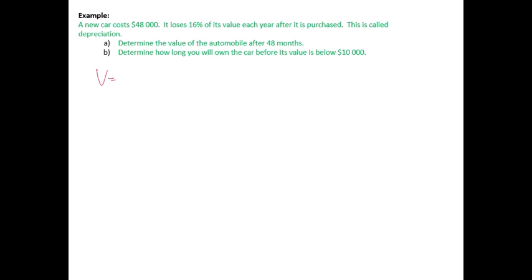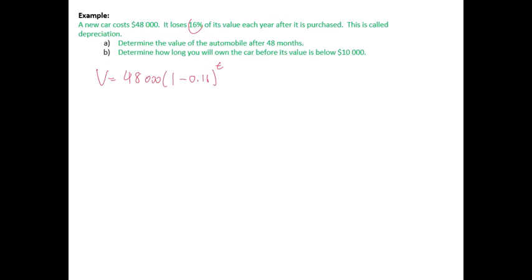Our value is equal to the initial amount, 48,000, times 1 minus this rate, 0.16, because it's a losing value, so this is decay. And it's each year, so it's to the power of t, where t is the number of years, and we have our equation here.